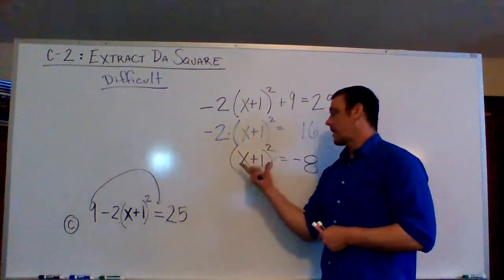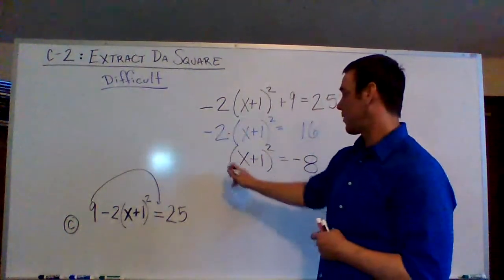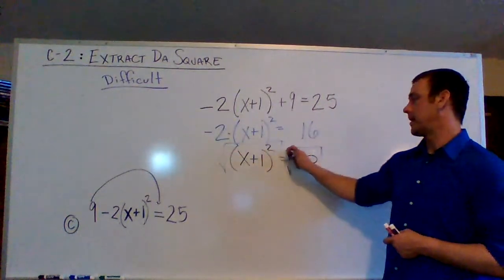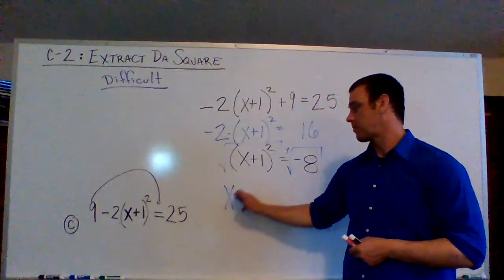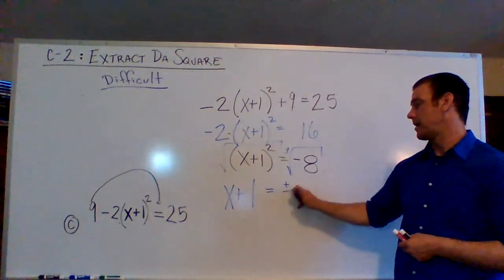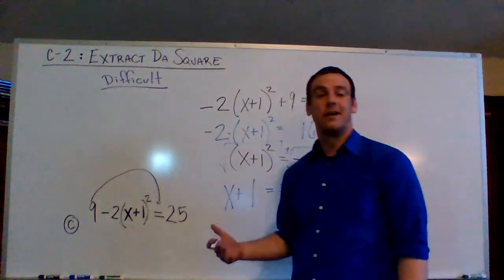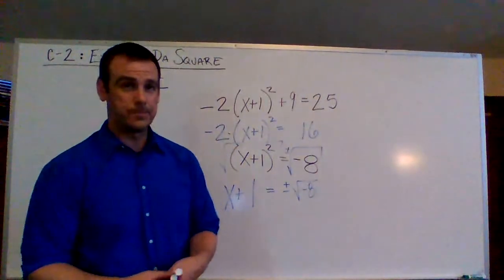All right, so next I got my x plus 1 all squared by itself, so I can just simply square root both sides. Now, when I square root both sides, I got a plus or minus. So I'm left with x plus 1 is going to equal plus or minus the square root of -8. Now, if you guys recall, the square root of a negative number would be imaginary. Okay?